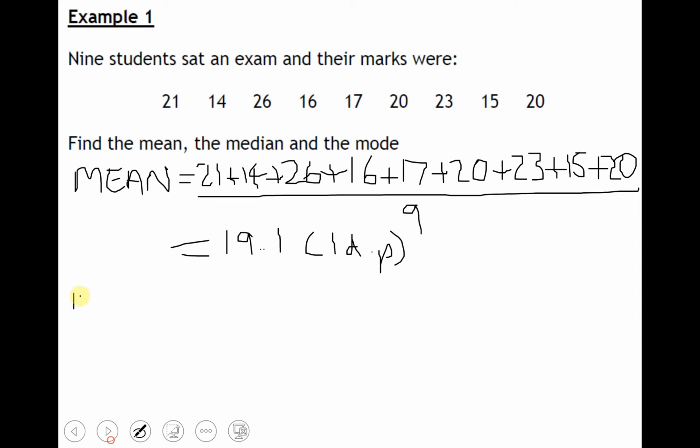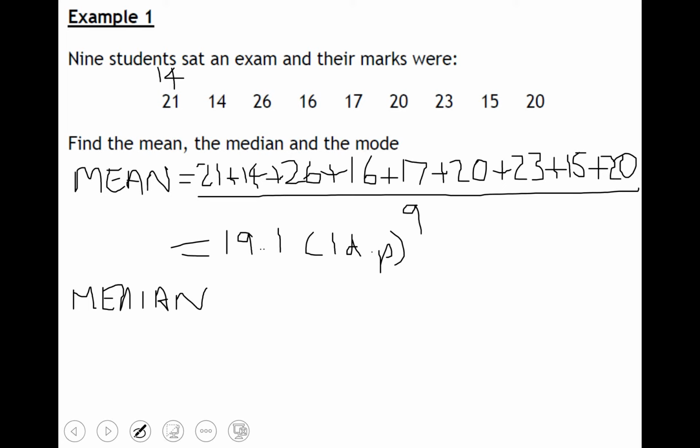For the median, first of all we will need to rewrite the list in ascending order of numbers. So the smallest value is 14, and when I do this I like to write it above the list of the original numbers so that if I miss one it becomes very quickly apparent.